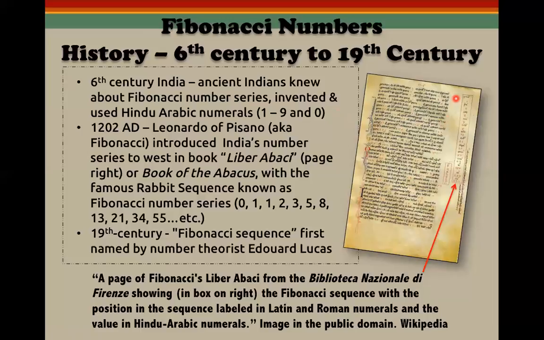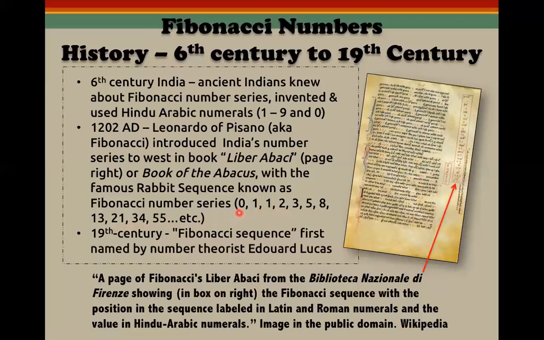This introduces the Fibonacci number series in the rabbit sequence story. The Fibonacci numbers begin with 0. Actually, it can begin with either 1 or 0. I usually start it with 0. So 0, 1, 1, 2, 3, 5, 8, 13, 21, 34, 55, and this is an infinite sequence.